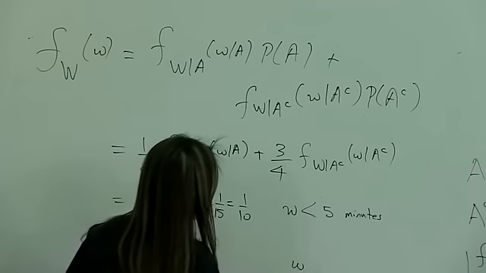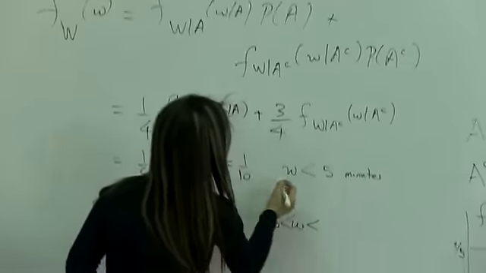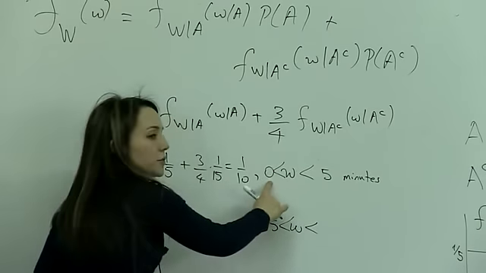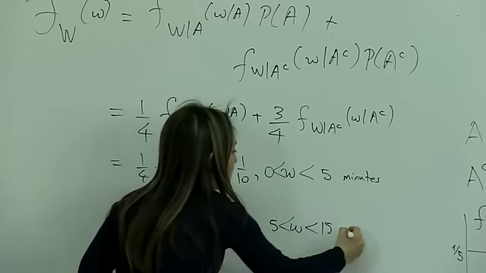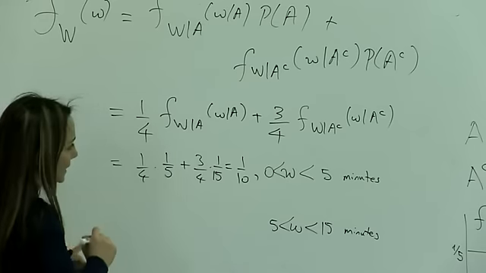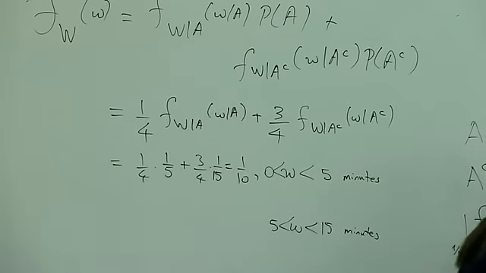And W, of course, is bigger than 0 and less than 5. When W is between 5 and 15 minutes, the density is simply due to this.